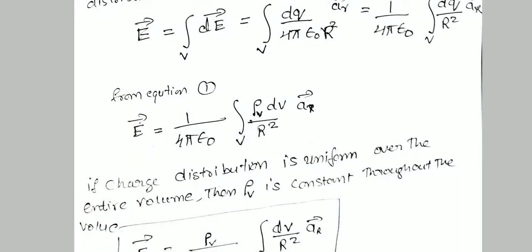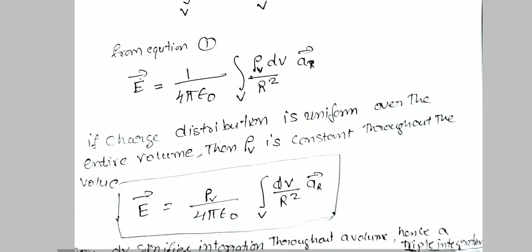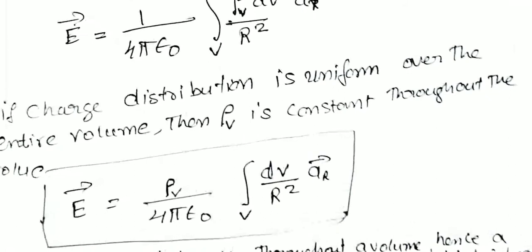If the charge distribution is uniform over the entire volume, then rho v, that is the charge density, is also constant. So the electric field intensity is given by E is equal to rho v divided by 4 pi epsilon naught, integration of dv by R square into aR.